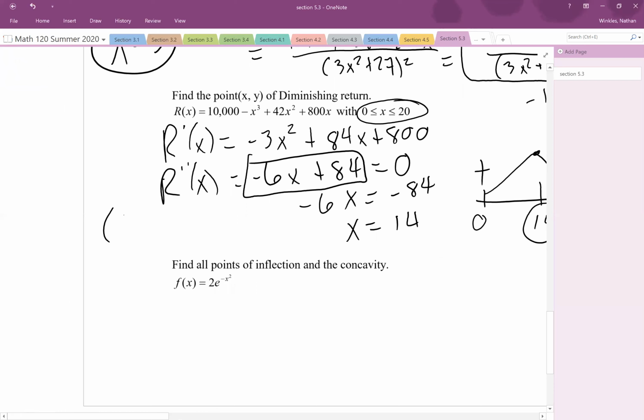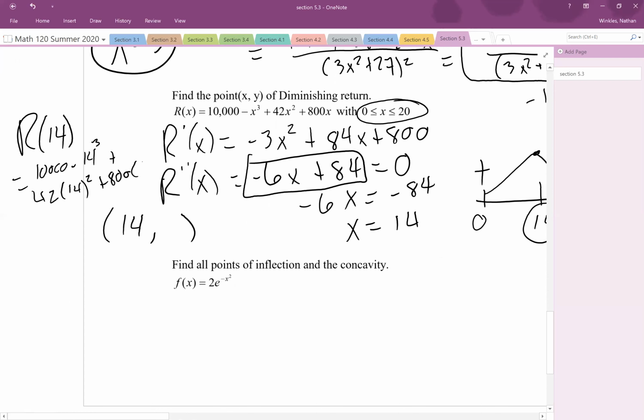So then you would have 14, comma, you plug 14 into the original, you find R of 14. So that's 10,000 minus 14 to the third plus 42 times 14 squared plus 800 times 14.